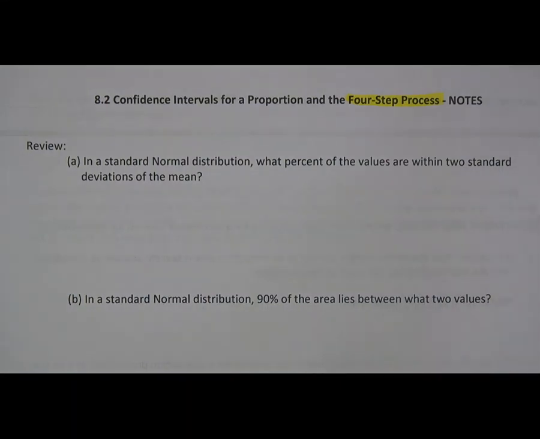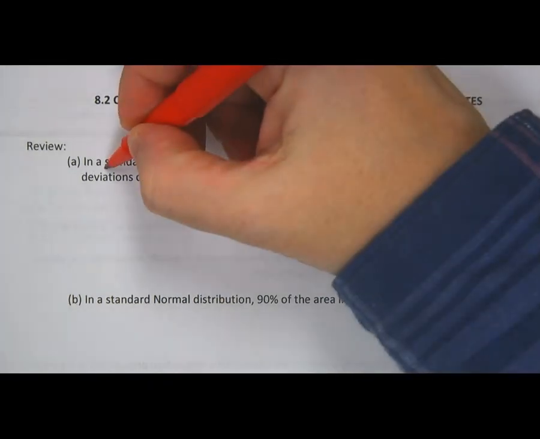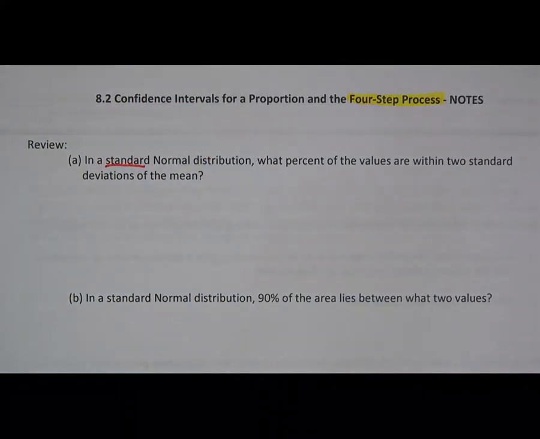Let's review something from kind of a long time ago. Hopefully this is something that's easy for you. In a standard normal distribution, standard meaning the mean is 0 and the standard deviation is 1, what percent of the values are within 2 standard deviations of the mean?